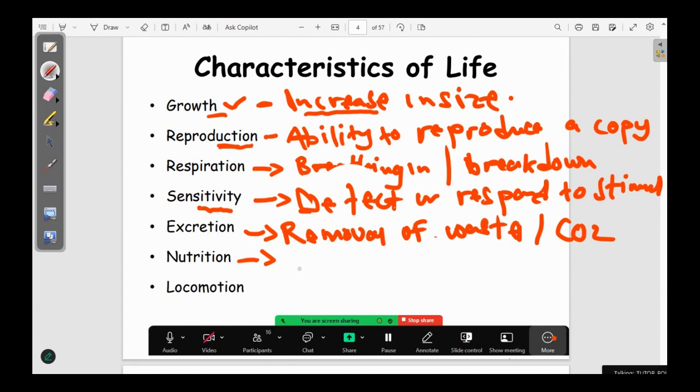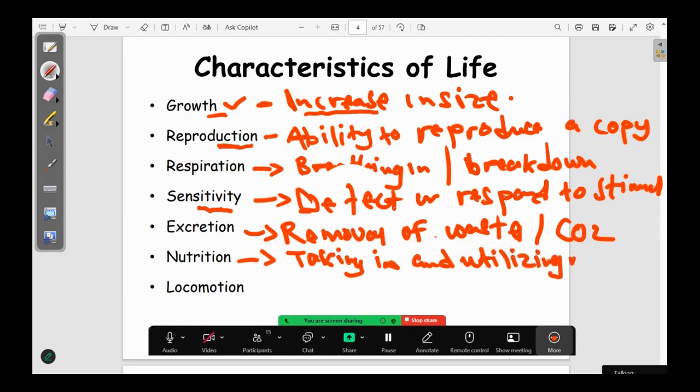Nutrition here is taking in and utilizing nutrients. Whatever you eat, be it a mango, shima, whatever, that's a very important characteristic of life. No wonder when you don't eat, you feel like you want to faint.